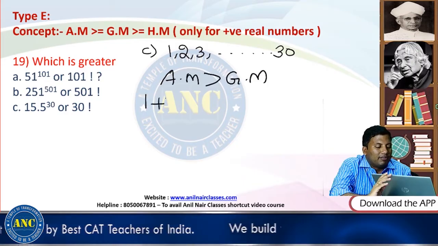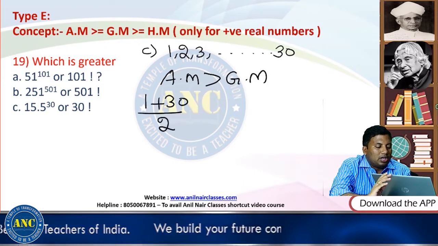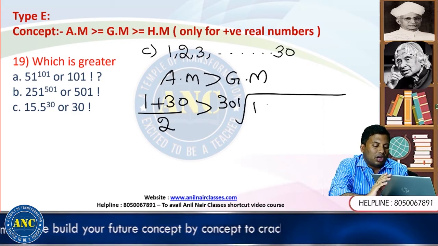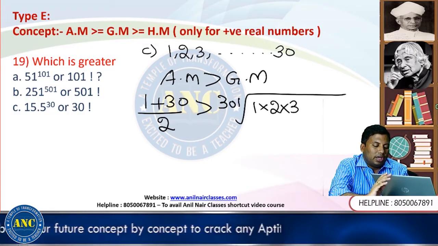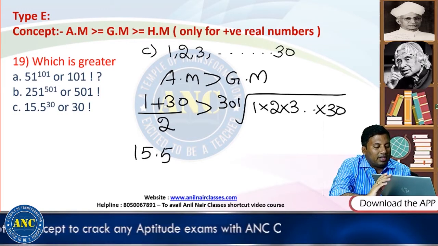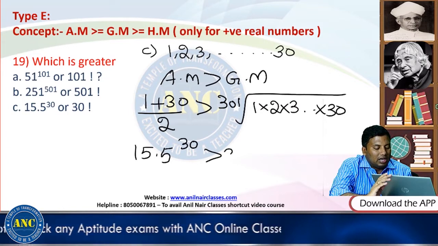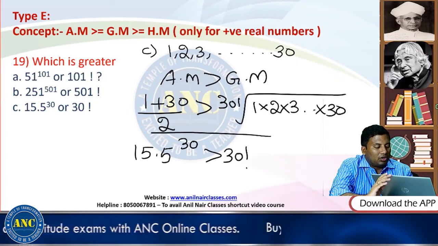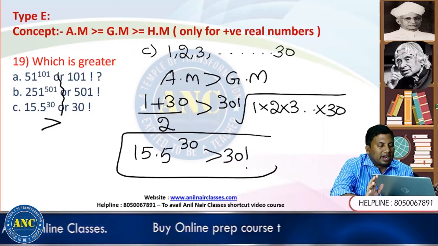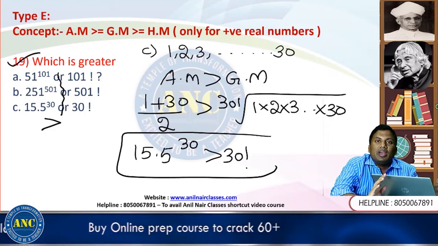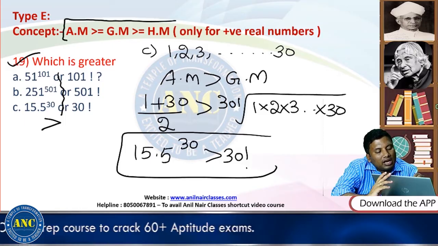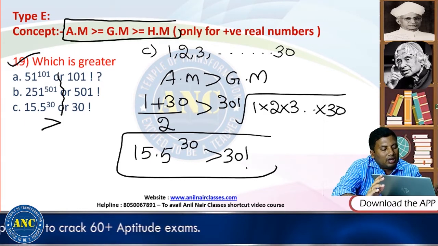Arithmetic mean, first term plus last term by 2, is always greater than geometric mean, the 30th root of 1 into 2 into 3 and so on up to 30. 31 by 2 is 15.5. 15.5 power 30 is always greater than 30 factorial. So in all the options, the first is greater than the second term. Very good question where you can compare the powers because of this concept. AM greater than or equivalent to GM greater than or equivalent to HM.